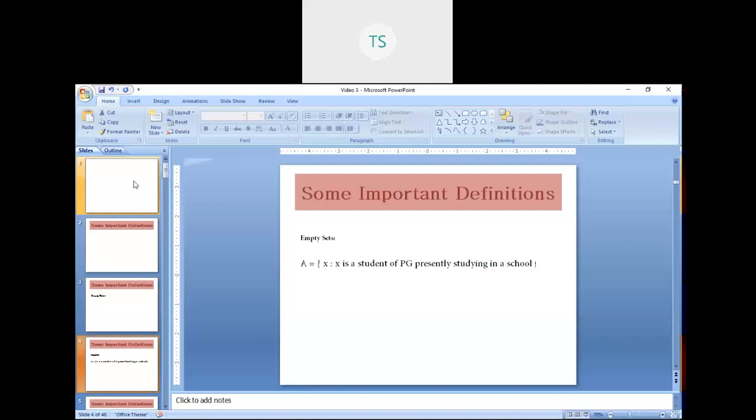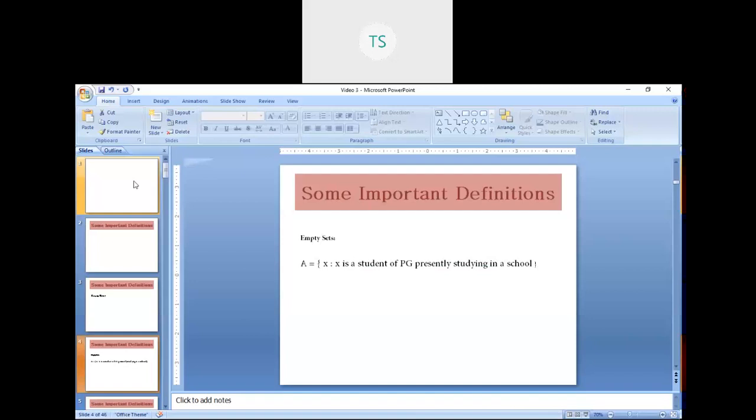Here I have given one example: capital A is equal to {x such that x is a student of a postgraduate recently studying in a school}. What do you mean by this statement, that x is a student of a post graduation who is presently studying in a school?